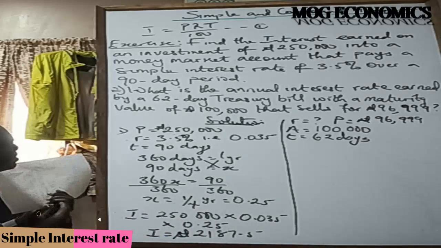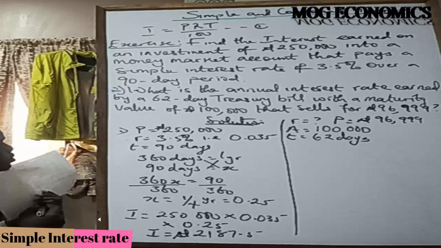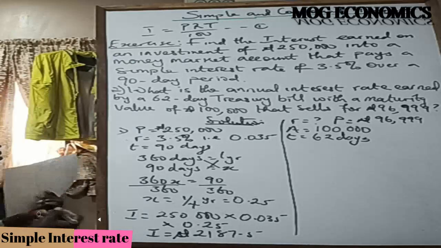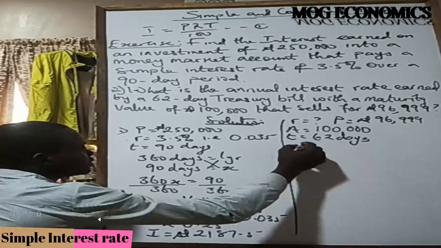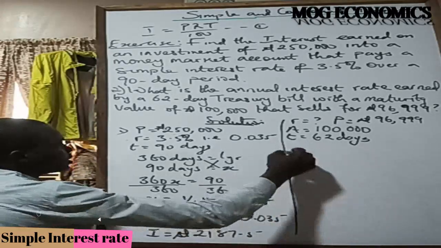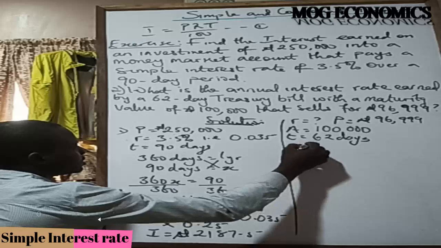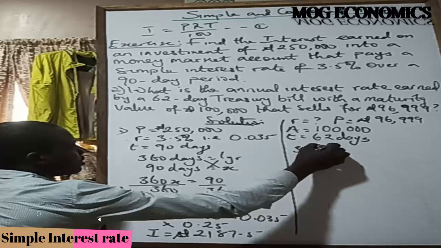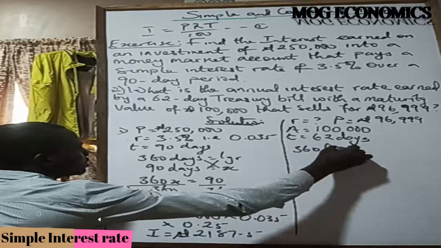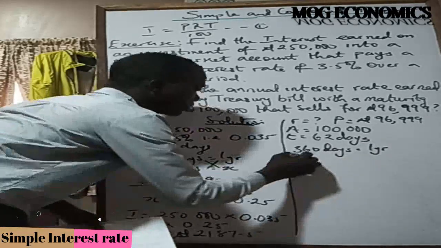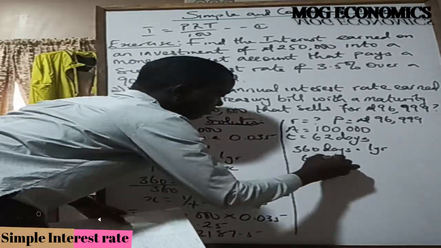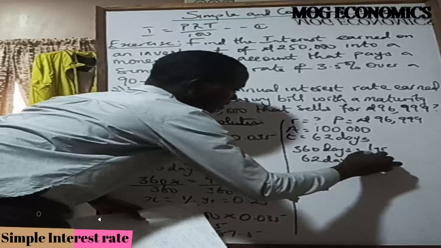Is this saying it was simple interest? It didn't mention any interest, so we assume it's simple interest. Okay. So time is 62 days. When we follow this format, we have 360 days equals 1 year. Then 62 days equals x.